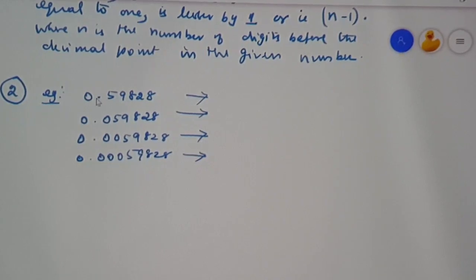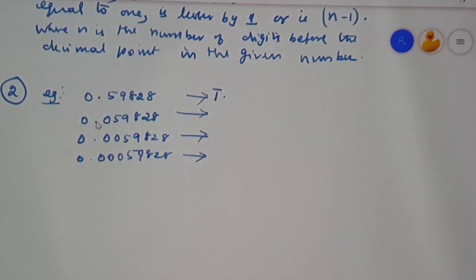See, in the first case, I have to move the decimal point to the right. If I move the decimal point to the right, then only I can get 5.9. So, you have to have 1 digit prior to the decimal point, and the characteristic will be 1 bar point.